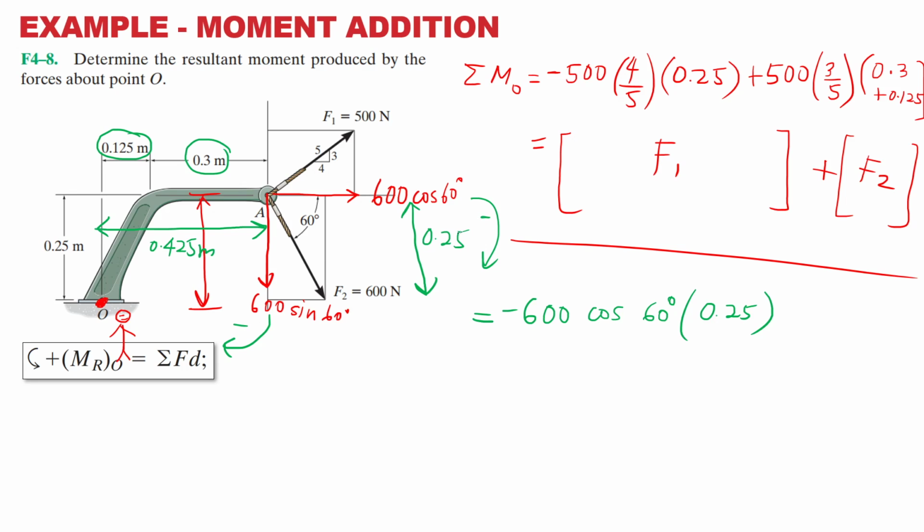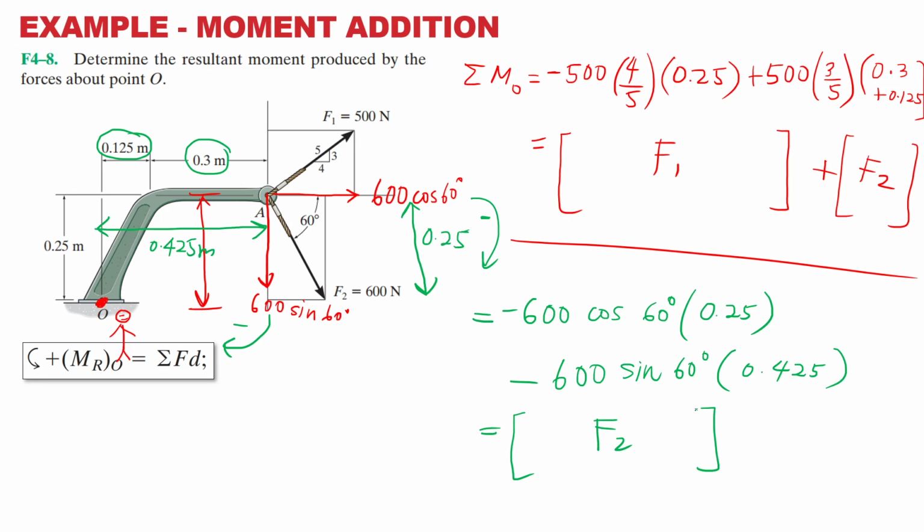So another negative. 600 sin 60. Betul lah. Negative 600 sin 60 degrees kali distance 0.425 meter. So dapat berapa jawapan dia?